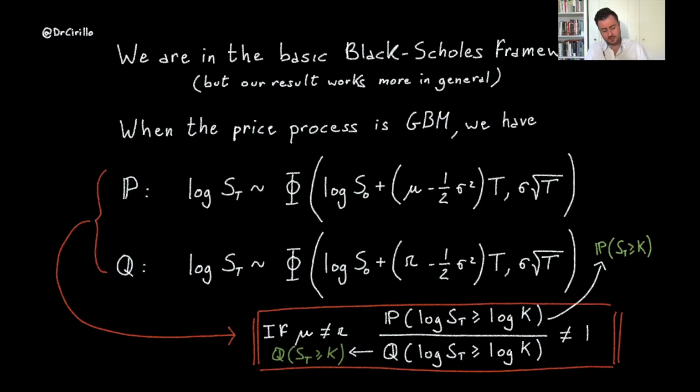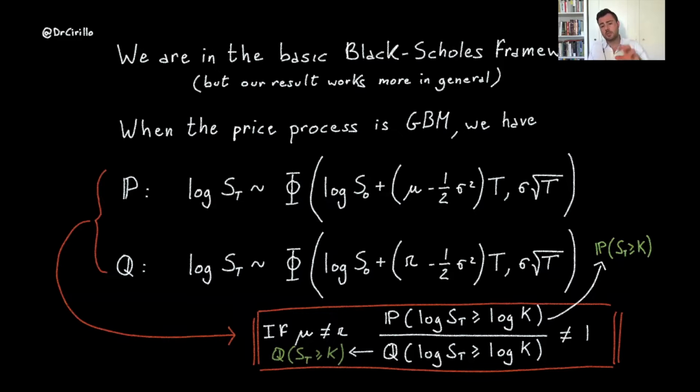Now, since under the physical measure my normal distribution is on the right-hand side because it has a higher mean with respect to the normal distribution that has the mean under the risk neutral measure, it's not difficult to see that the probability to be in the money, that is the probability of my log prices to be above the log of K, or my prices to be above K, since K is a fixed quantity, the probability to be above under the physical measure is larger than the probability of being above under the risk neutral measure.